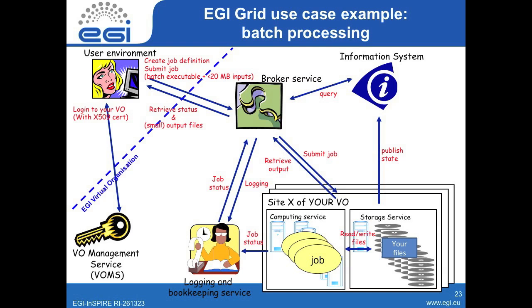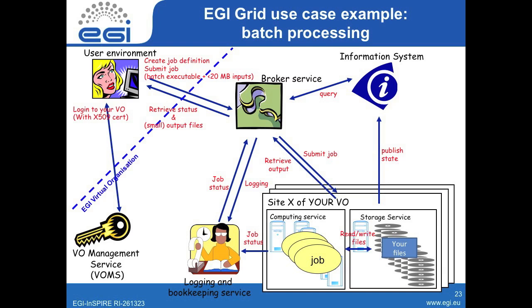The WMS gets from the information system the list of computing elements where the job can be submitted, keeps the logs and the status of the job, and submits the list of jobs to the computing services in one site or in different sites.